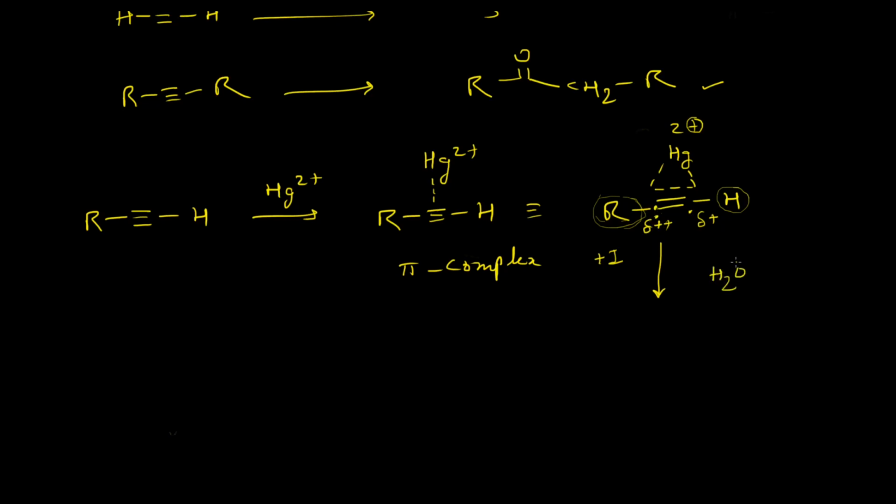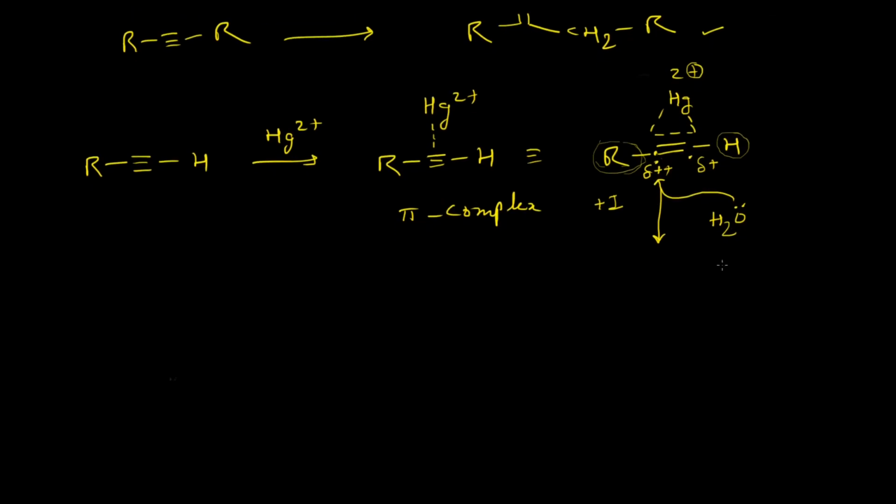Then attack by the nucleophilic water molecule will take place at that particular carbon center which is more partial positive in character, and then this partially formed carbon-mercury bond will break and the intermediate will eventually produce another intermediate, which is this one.